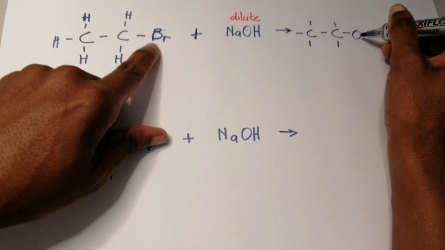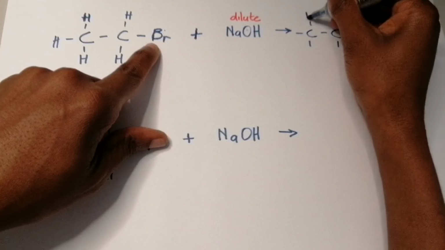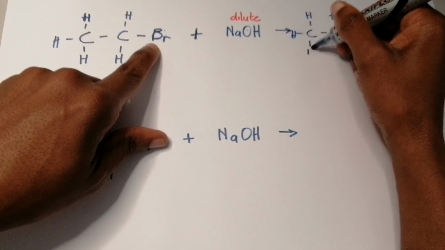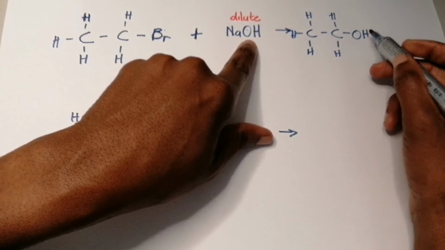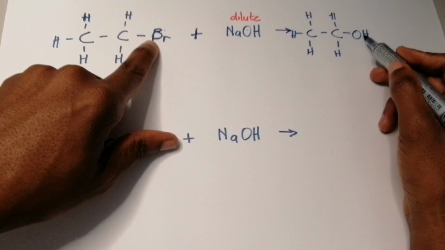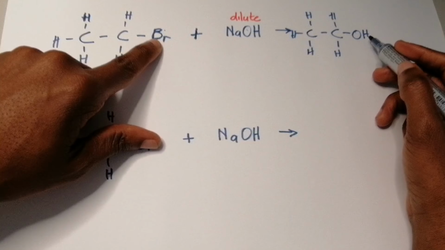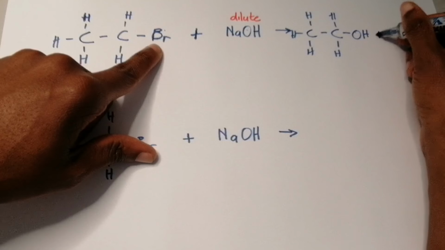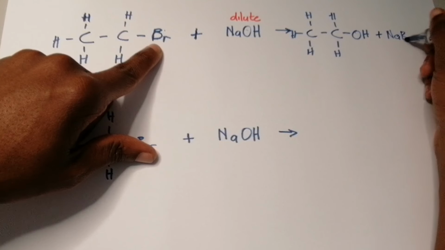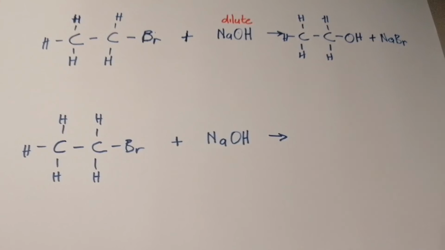So the OH would tend to substitute that halogen there. So I produce an alcohol, right? Notice, what did you remove there? You substituted bromide, right? and you substituted OH in the place of the bromide ion there. So now you are left with Na and Br, so that's going to be your other product there, right? But in this case, when it comes to our organic product, this one is formed.